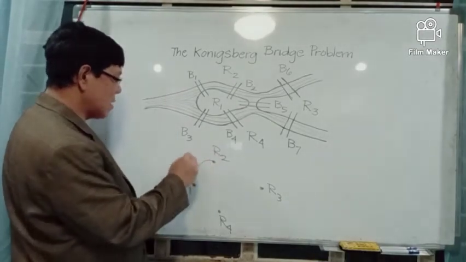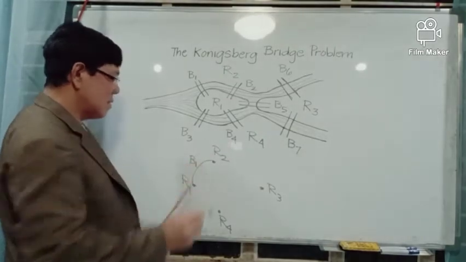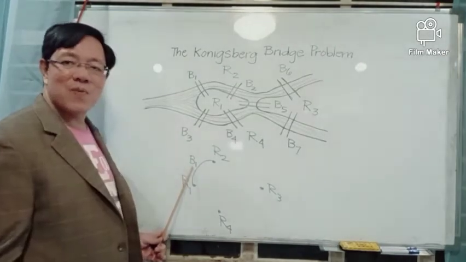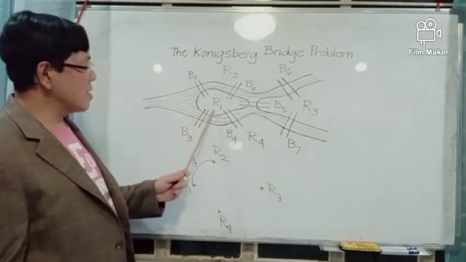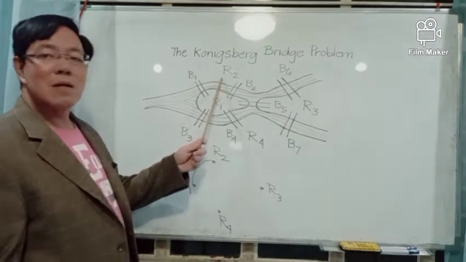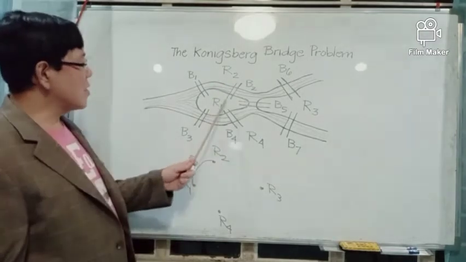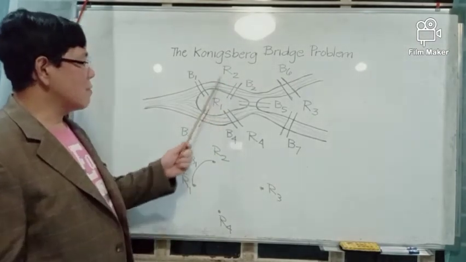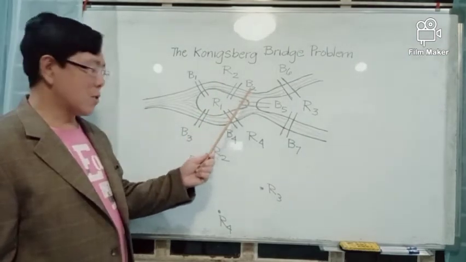And this edge, or this line B1, represents the first bridge B1 that links region 1 and region 2. There is another bridge that links region 1 and region 2, the second bridge B2.